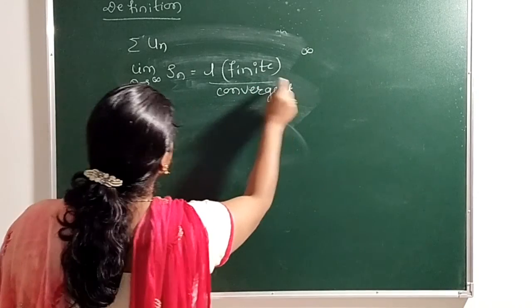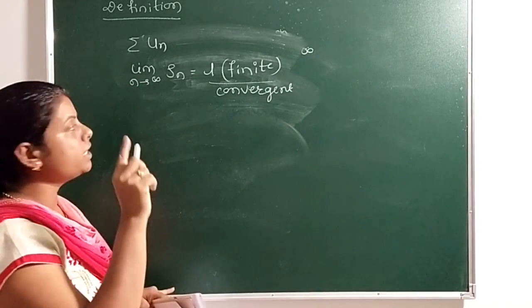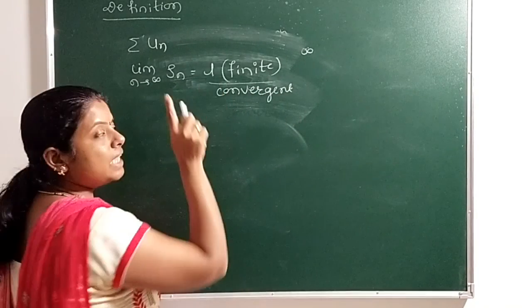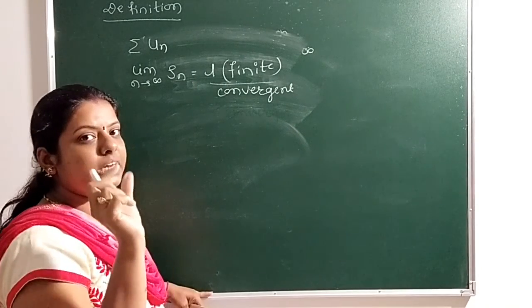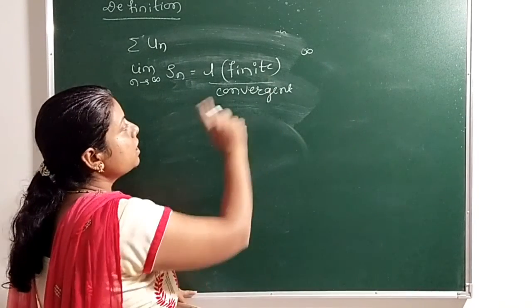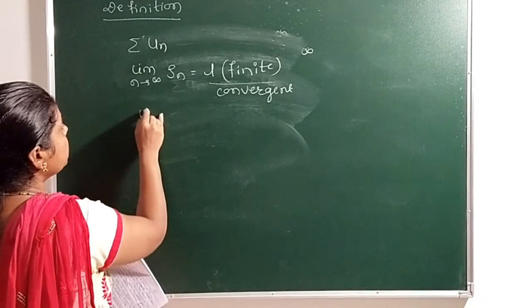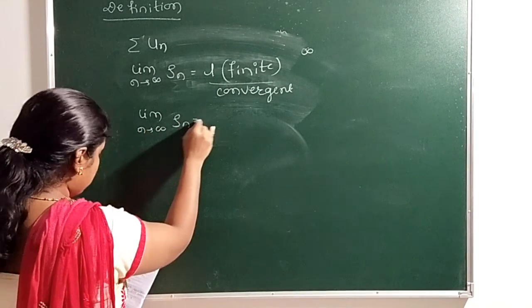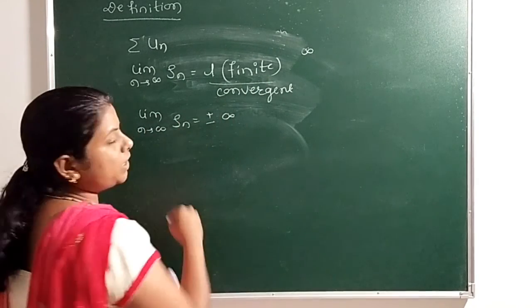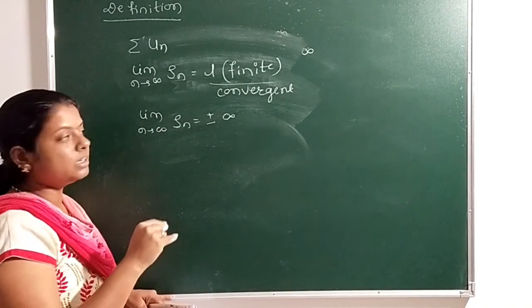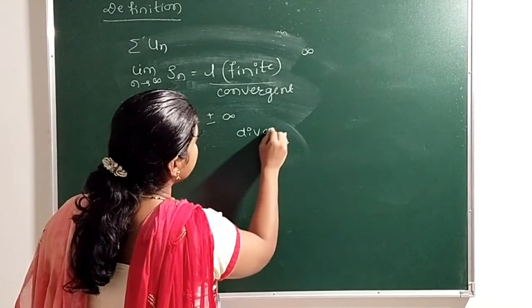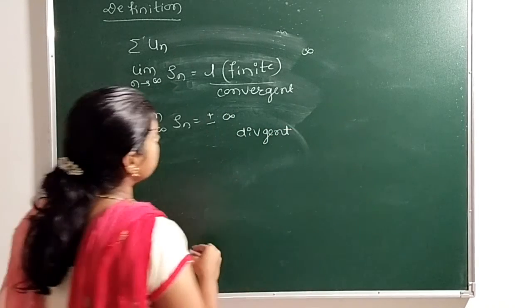Remember, after substituting n tends to infinity in the Sn term, we get L, and L is nothing but a finite number. That becomes convergent. If the limit as n tends to infinity of Sn is equal to plus or minus infinity, then we recognize that the given series is divergent.